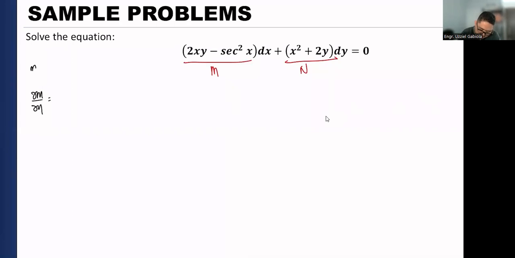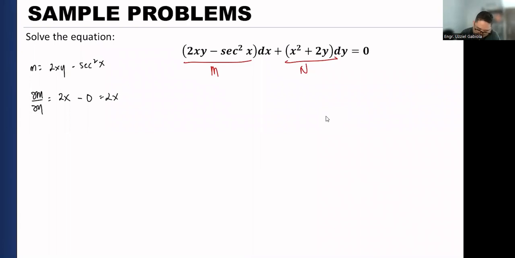M is equals to 2xy minus secant squared x. 2x lang po. Okay? 2x. Yung second term, 0. Okay? Kasi that is in terms ni x. Dapat in y lang. So this is 2x lang.